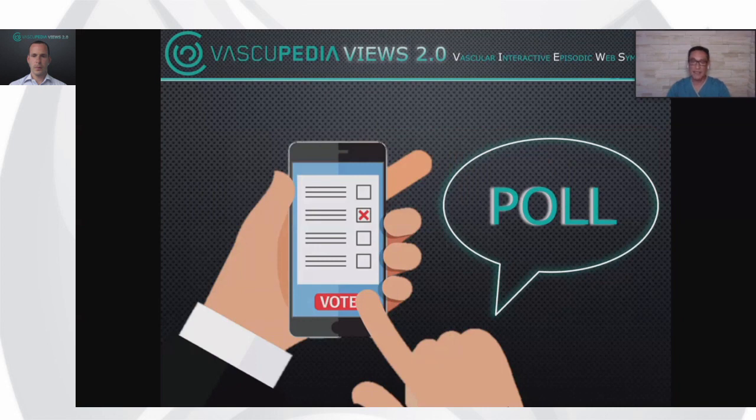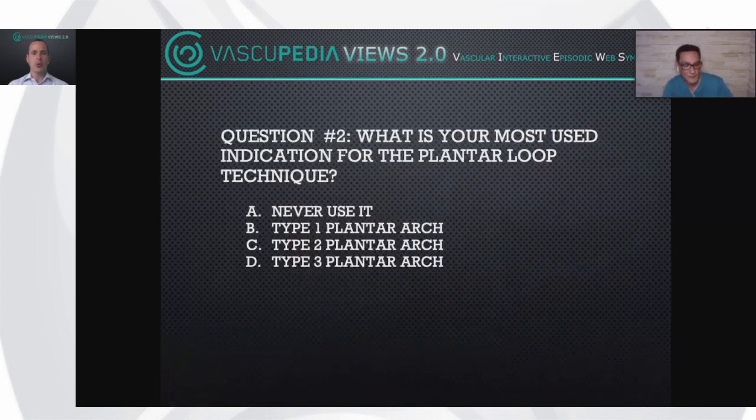So back to you, Lorenzo, for the second poll. Second poll. So guys, again, leave the full screen mode and come out from that to see the second question from August. So please, August, show the question. Question number 2 is: what is your most used indication for the plantar loop technique?